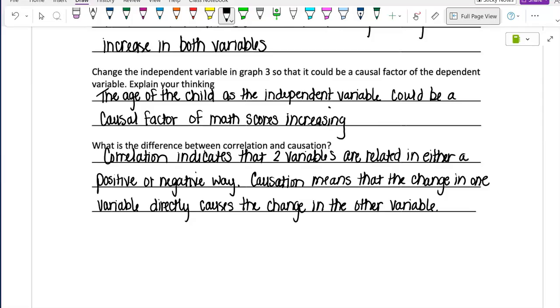So correlation just means they're either both moving in the same direction at the same time or opposite directions at the same time. Causation means one of them is actually causing the other to change. There's a direct relationship there.